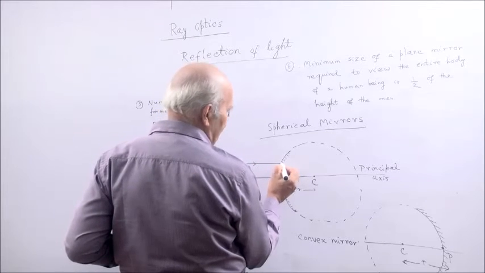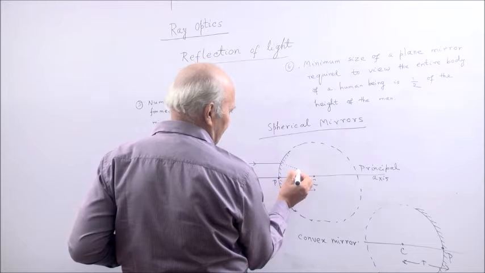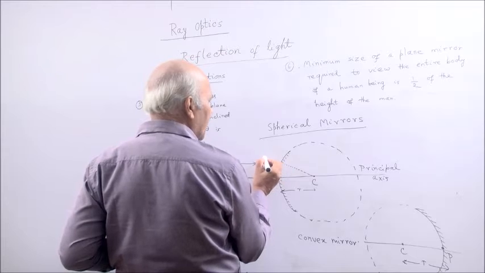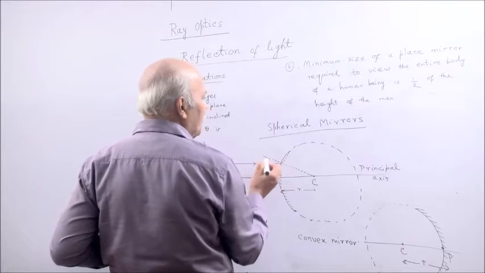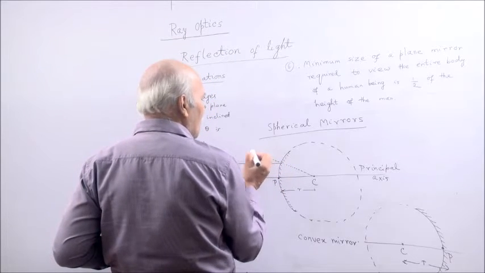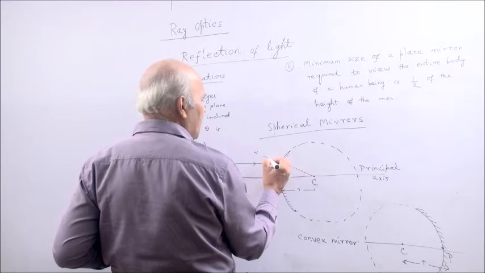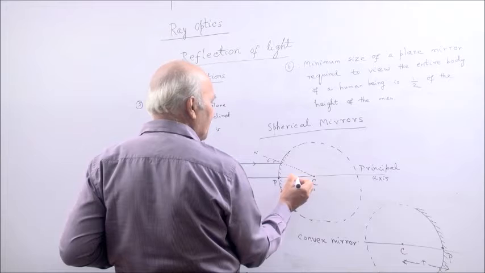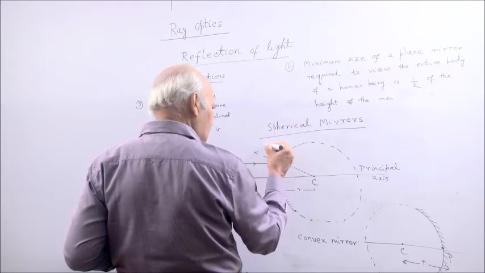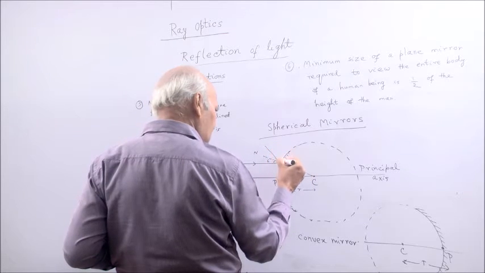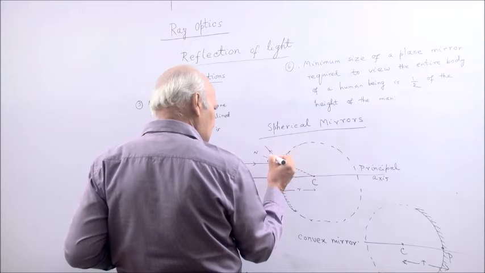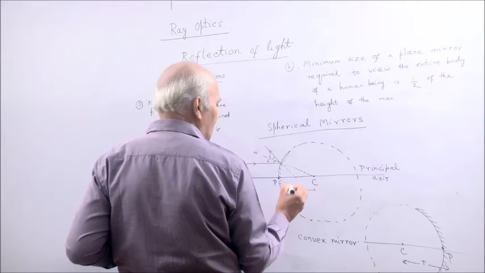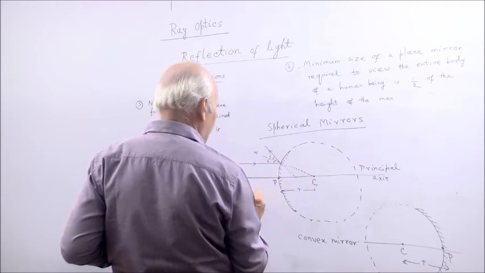So, how will it be reflected? Suppose you join this point with the center of curvature and produce this way. So, this is your normal. The ray makes equal angle with the normal, and it will be reflected.